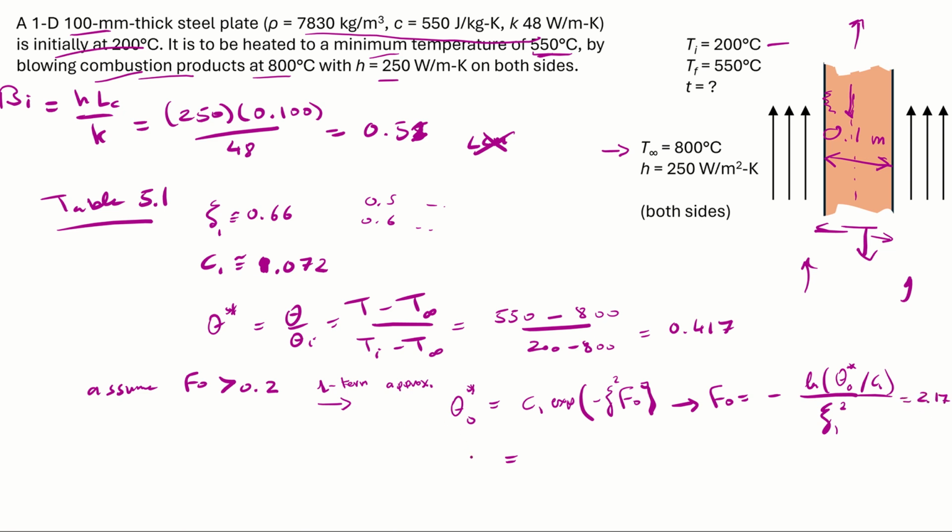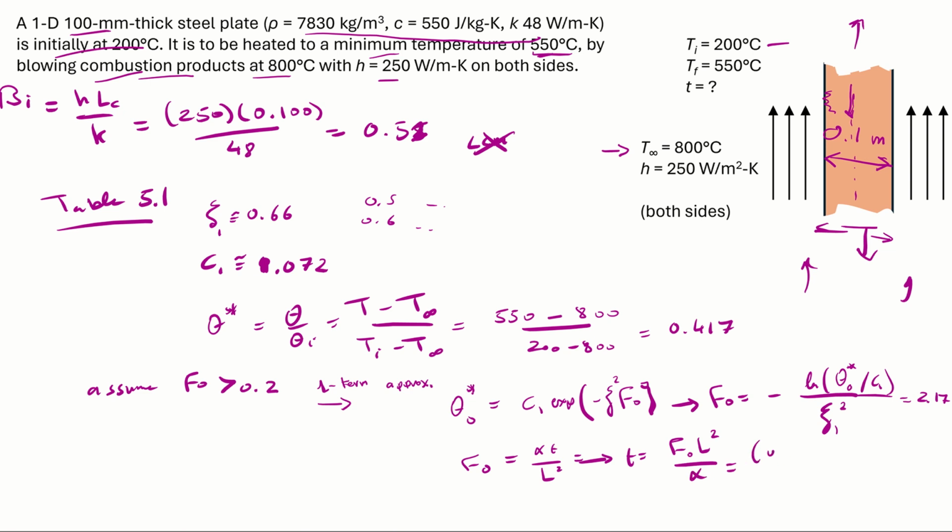And from the definition of the Fourier number, alpha t over L squared, this will give you t as the Fourier number times L squared divided by alpha.